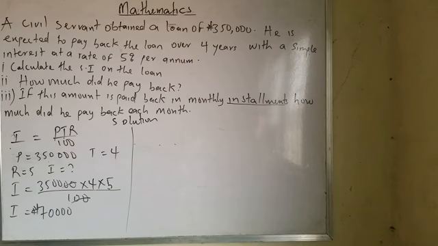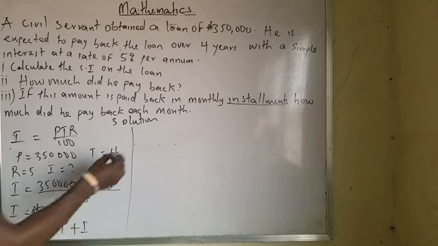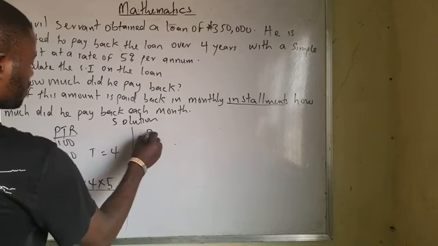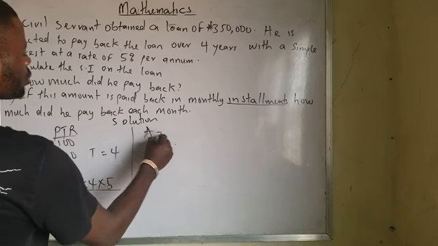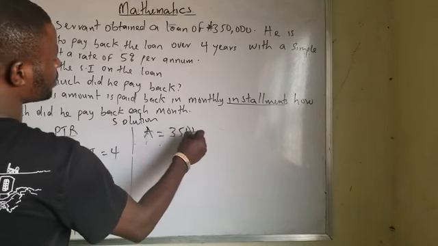Now, number 2, how much did he pay back? The amount that he paid back will be equal to principal plus interest. Now, it means the amount will be equal to 350,000 plus interest, which is 70,000.